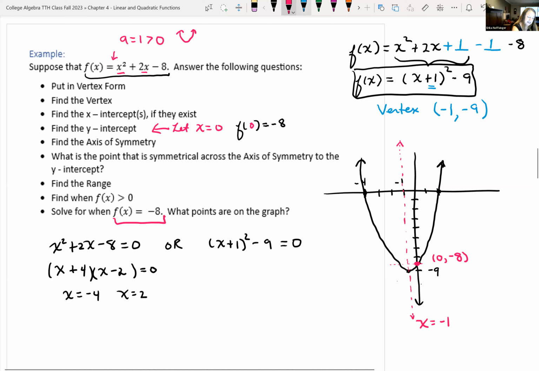Let's look at what the distance is from the axis of symmetry on the horizontal line to this point. That distance here is 1, which means that distance on the other side also has to be 1. And so -1 subtract 1, my x value in this case is -2, my y value is -8.